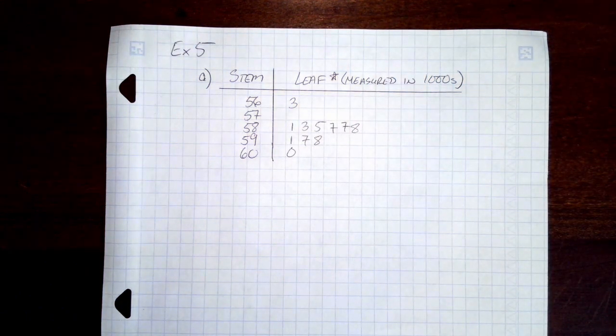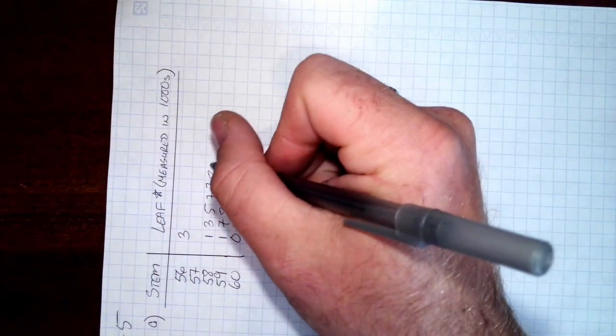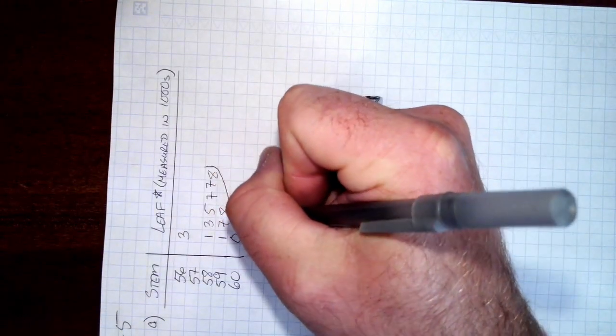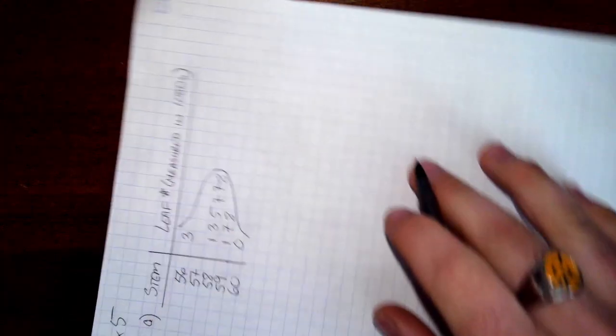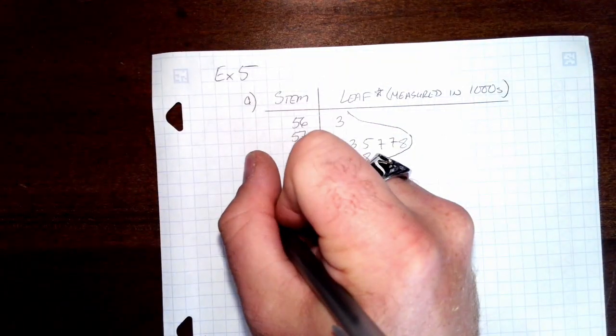So again, we need to find the shape of the distribution. The shape of this distribution, again, it's highest in the middle, and it kind of trails off evenly on both sides. So the shape of our distribution looks like it's symmetric.